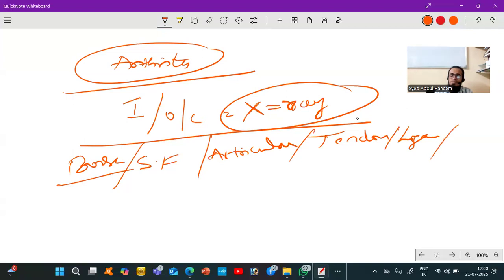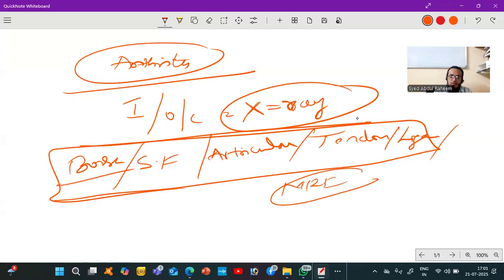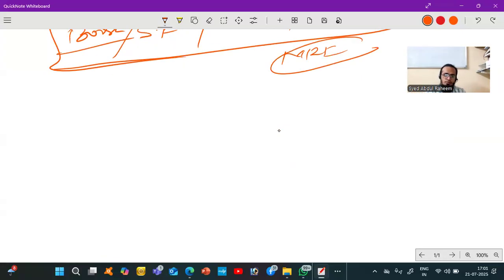Everything is present in the knee joint mostly. So what is the investigation of choice to see all these other structures? That is MRI. MRI is the investigation of choice to diagnose all these related problems.